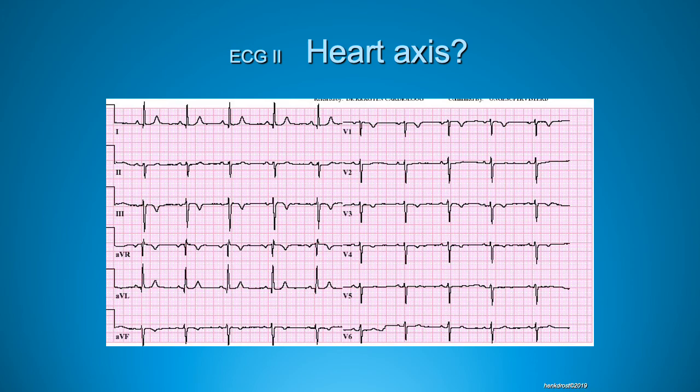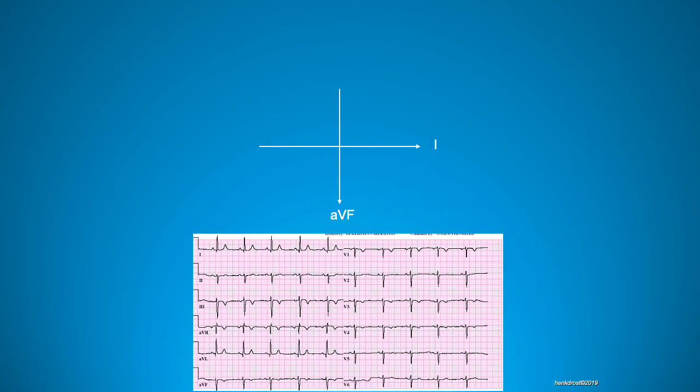How do you see the heart axis in this ECG? Again, as learned, we take lead 1 and lead AVF, sign in the net results of the QRS complexes, and in this case lead 1 positive, lead AVF negative, define the vector, and we can see that there is a left heart axis.